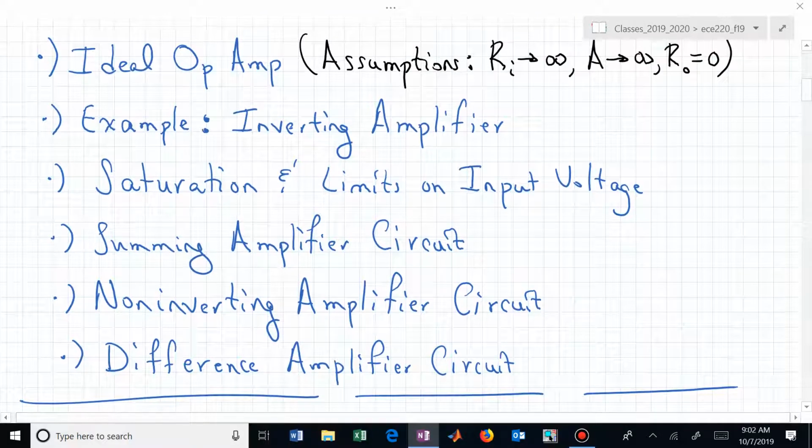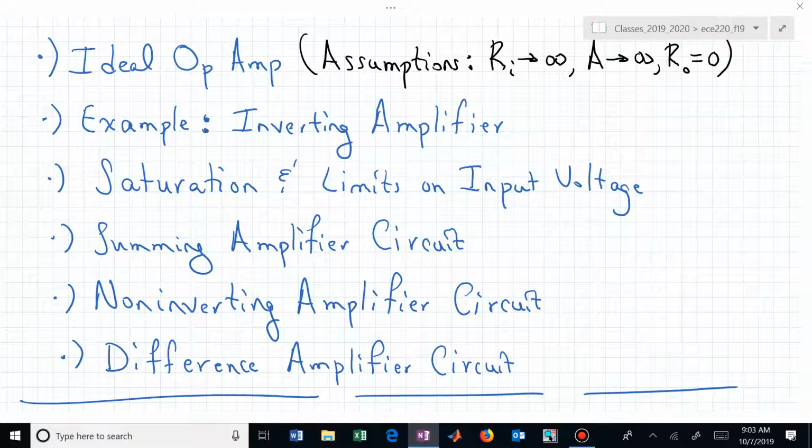We'll then introduce some new circuits. We'll look at a summing amplifier. We can combine multiple signals and get a weighted sum at the output. Remember, this op amp was created to give us an analog computer, and now we can do all of these operations: addition, subtraction, scaling.